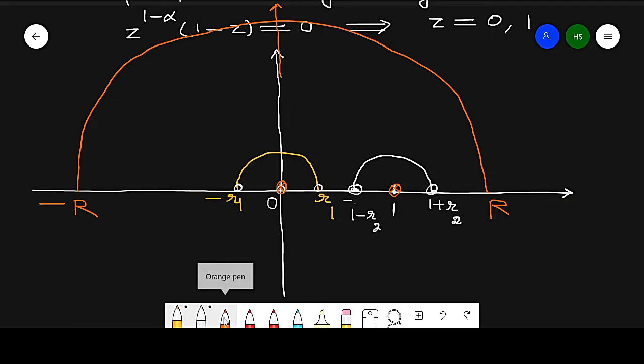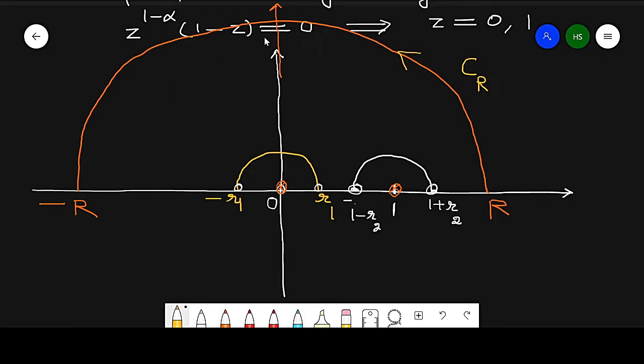Now in this way, if I start from this point, first this is my first half circle. Because it's a half circle of radius capital R, I write it as C capital R, in the anti-clockwise direction.